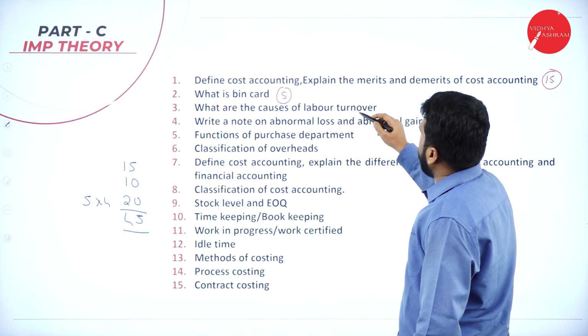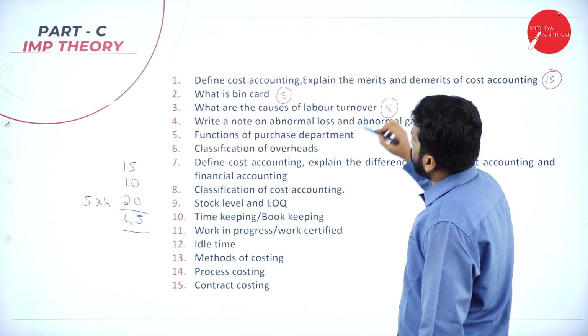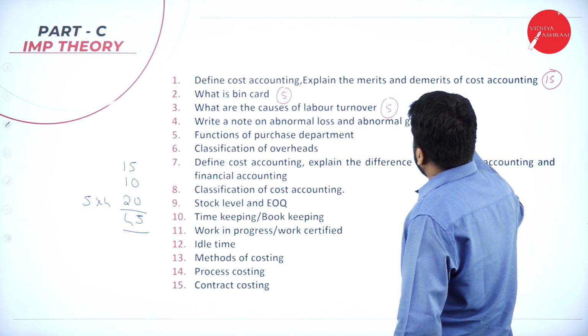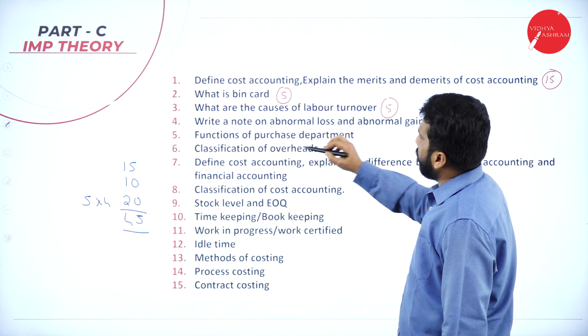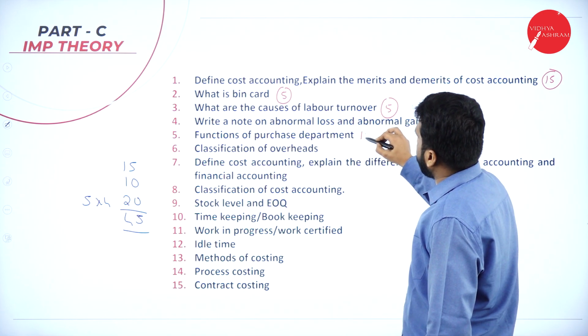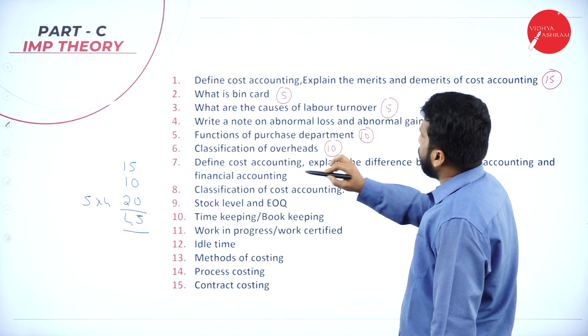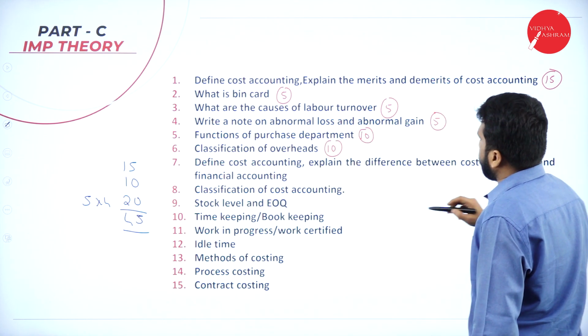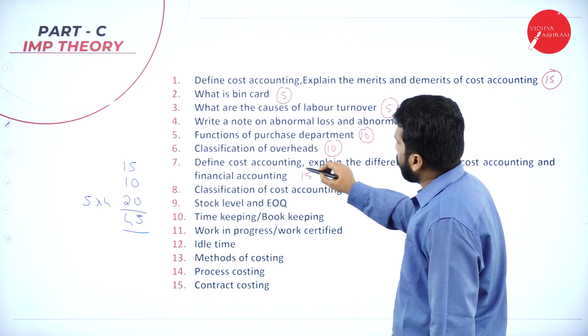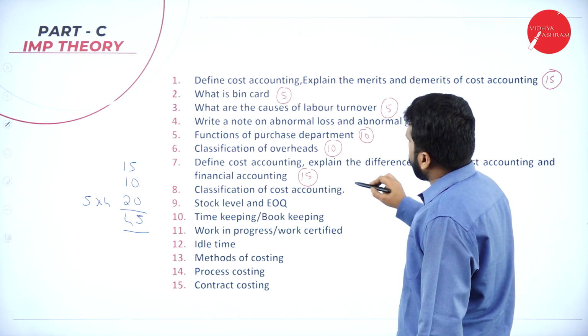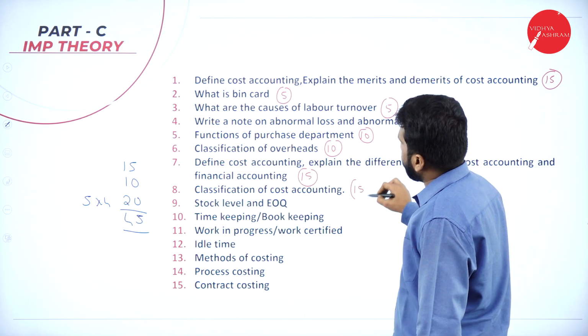What are the causes for labor turnover? 5. Write a note on abnormal loss and abnormal gain. 5. Functions of purchase department. 10. Classification of overhead. 10. Define cost accounting. This is 15. Classification of cost accounting. 15.